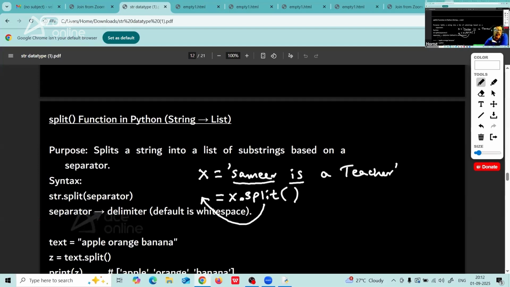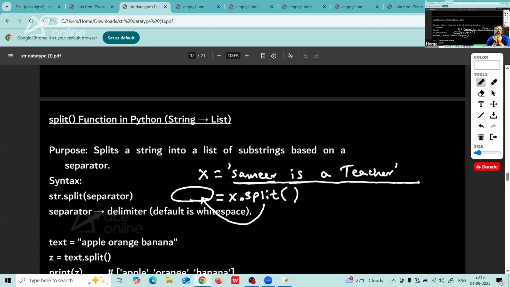So obviously, somebody who will store this result of X dot split should be able to accommodate that flood. Just imagine, this string was so big that it had 50 words. Then can you imagine X dot split is going to give you a flood of 50 words? And immediately something to the left there should be able to catch it and store it.